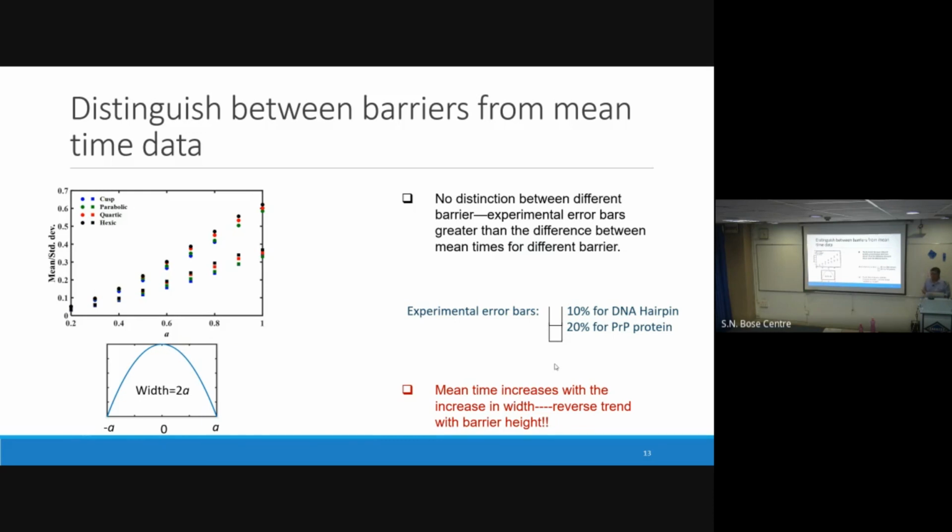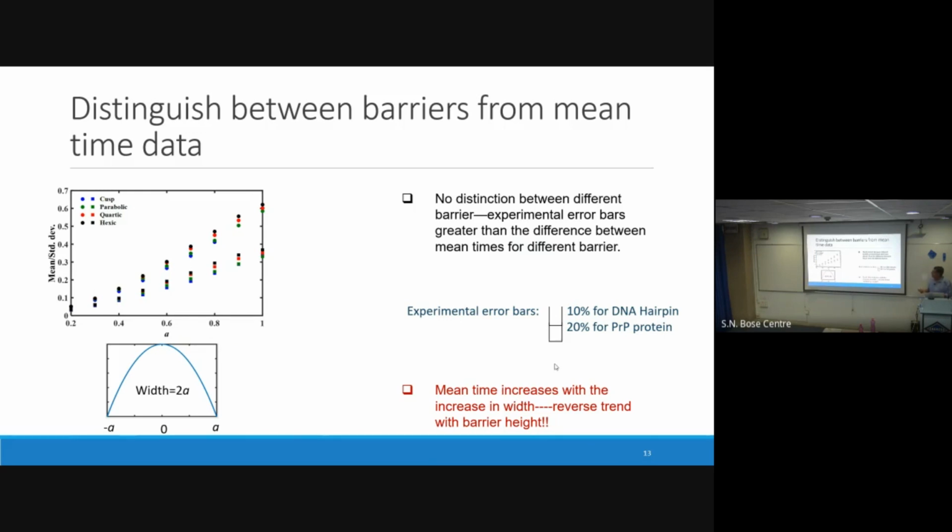So by changing the extent of the barrier, we wanted to see whether one can distinguish the properties of the barrier from the mean time. But even for the full transition path case, we see there is hardly any difference between all the barriers for the mean time, and there is no distinction between these mean times. Why?